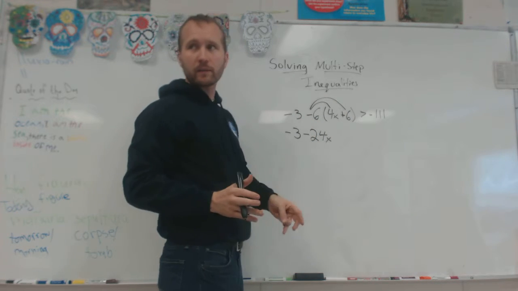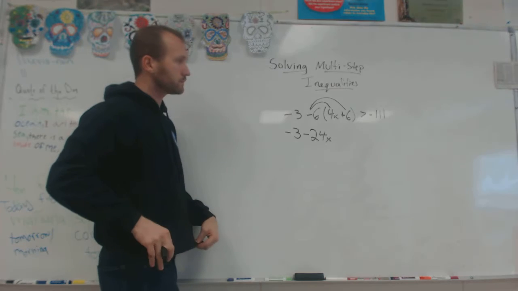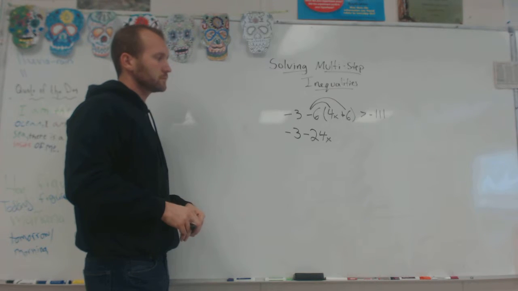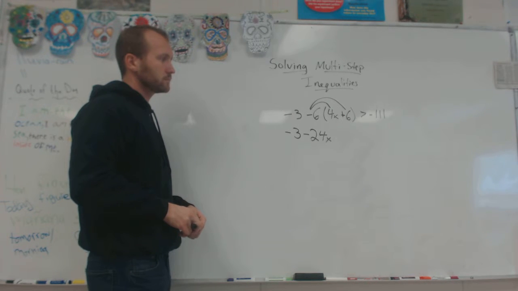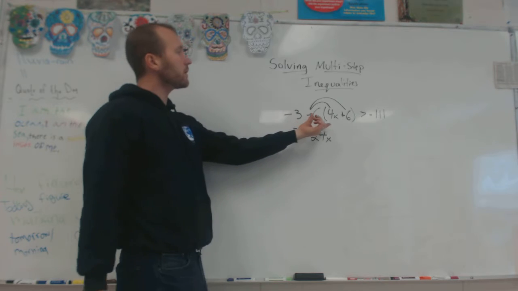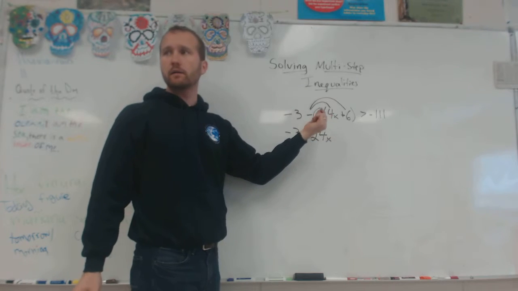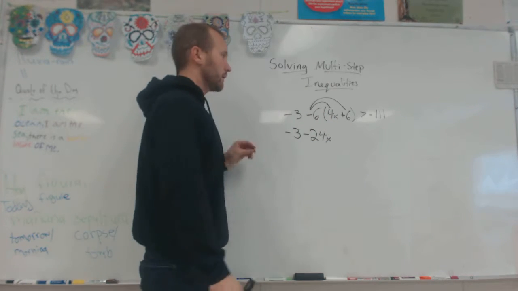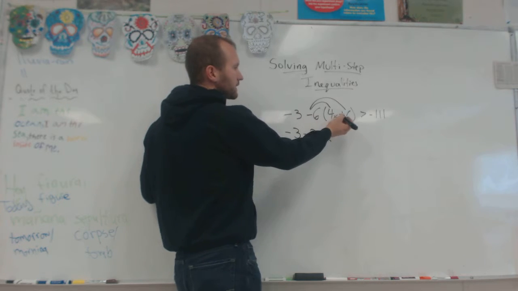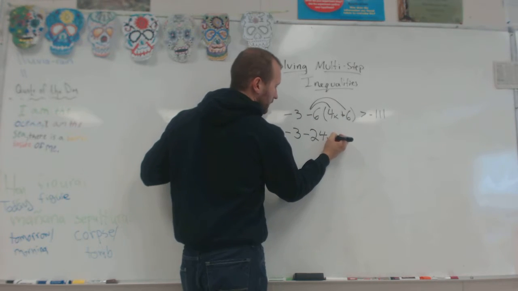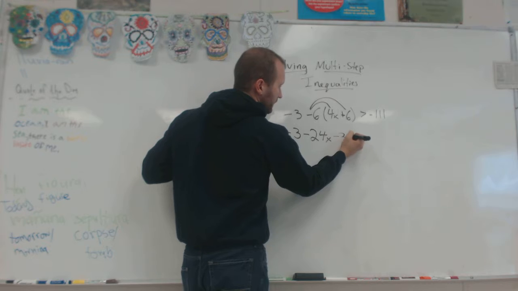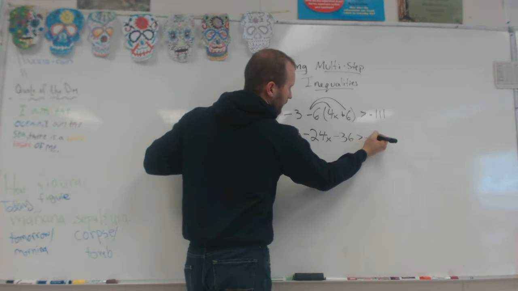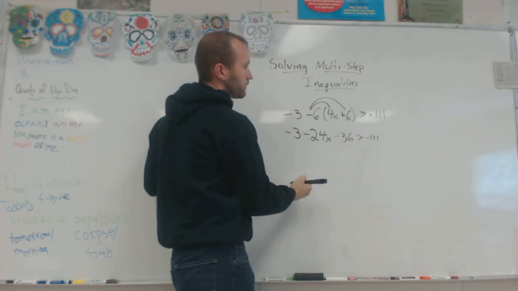And that's the only time you could combine, whenever you're multiplying. A negative 6 times positive 6 is negative 36, greater than negative 1.